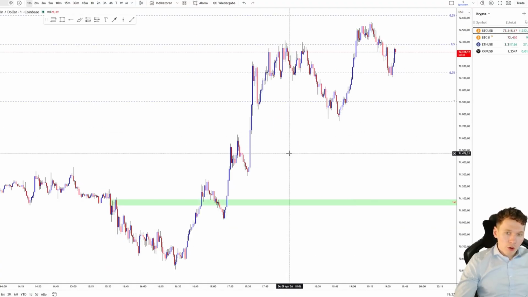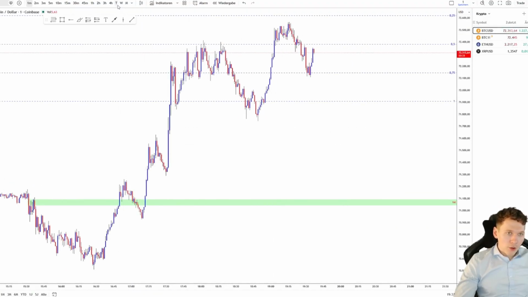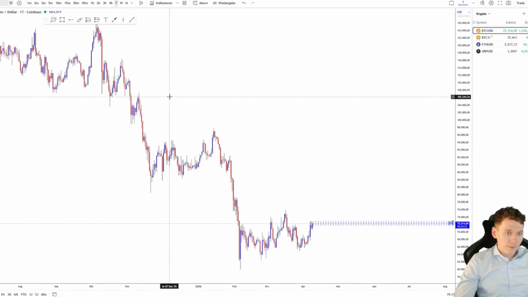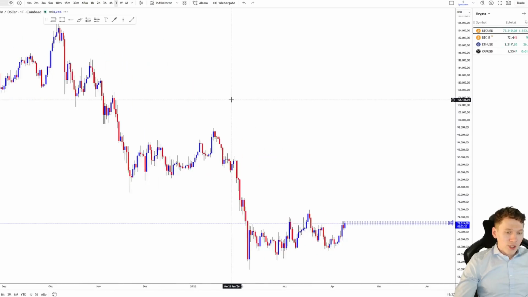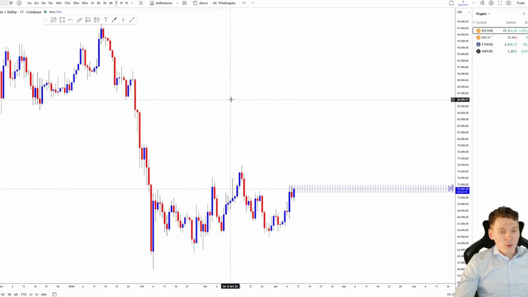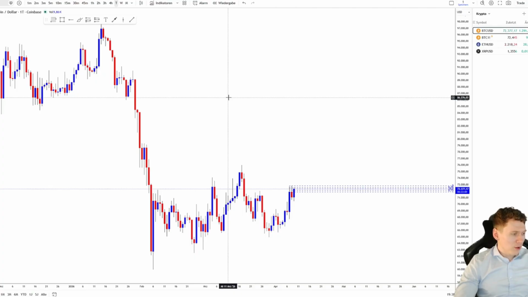What's important to know if you trade Bitcoin or in general every crypto asset: the ICT system works also there, but not as reliably as in liquidity-based assets. Crypto is more retail-based in terms of liquidity, and that's why it's less reliable. Also, ICT says that he doesn't trade Bitcoin.